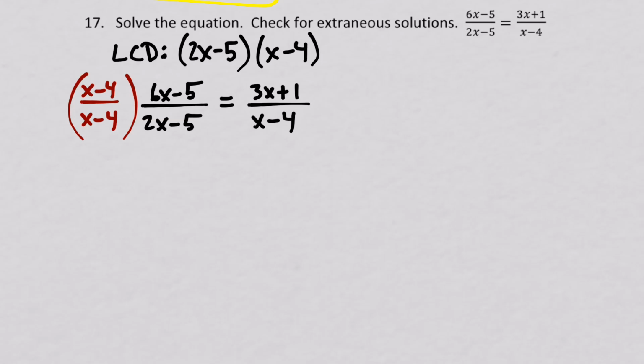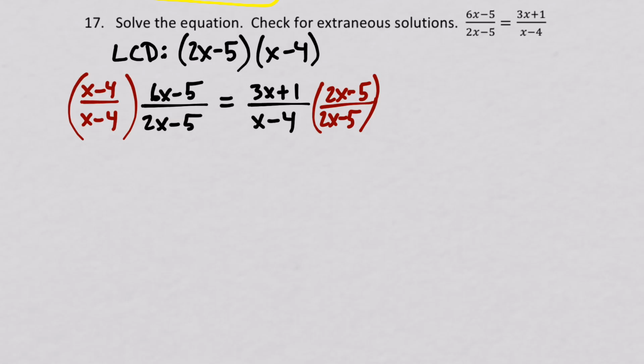Ask the same question. What's this one missing so that the denominator is this? It has the x minus 4. It's missing the 2x minus 5. So you're going to multiply that one times 2x minus 5 over 2x minus 5. And so what you're going to have left is this.